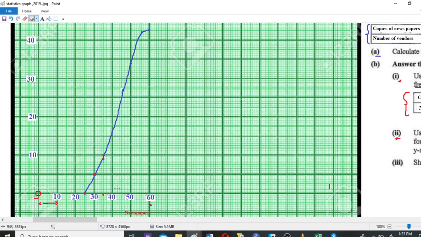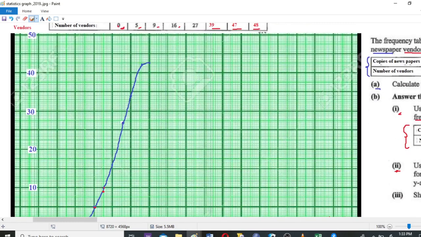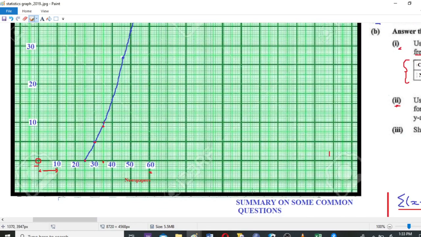Again we have 40 comma 16. So we have 40 here. Just a minute. So 35 comma 9 is right there, and then 40 comma 16 is right here.